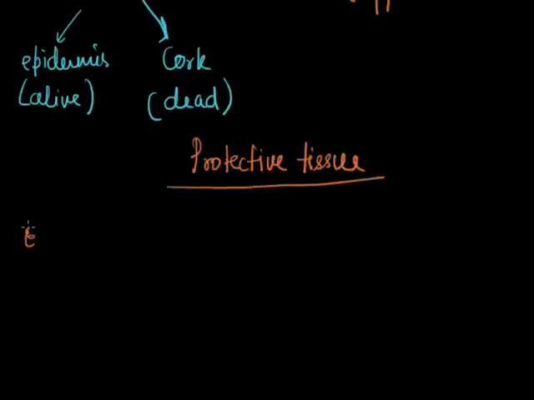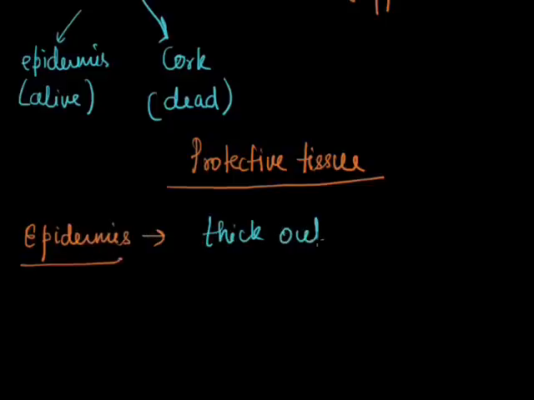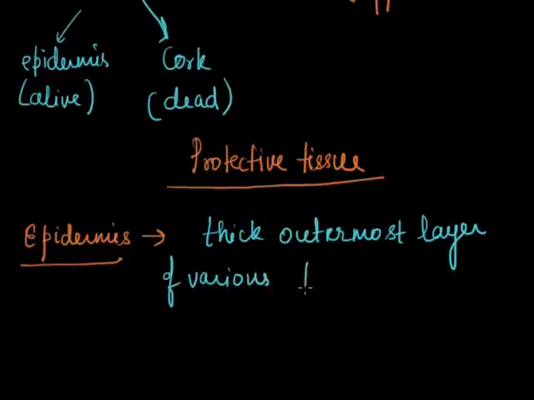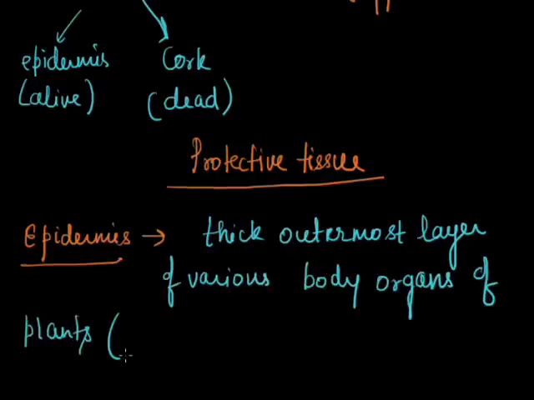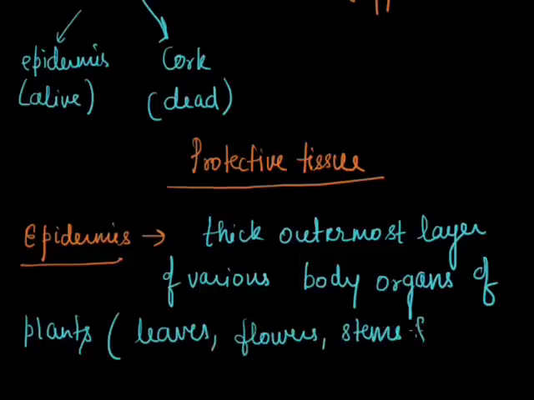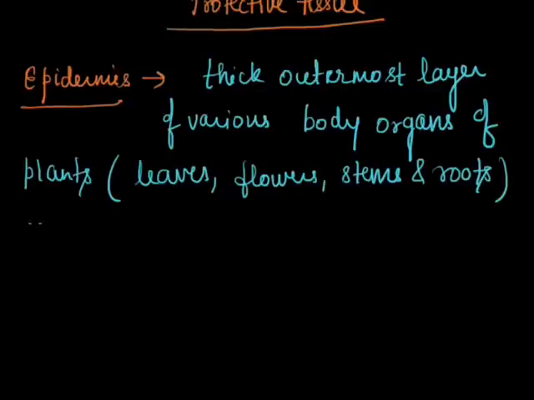If we talk about epidermis, this is the thick outermost layer of various body organs of plants. That may be leaves, flowers, stems and roots. This epidermis is covered by cuticle.